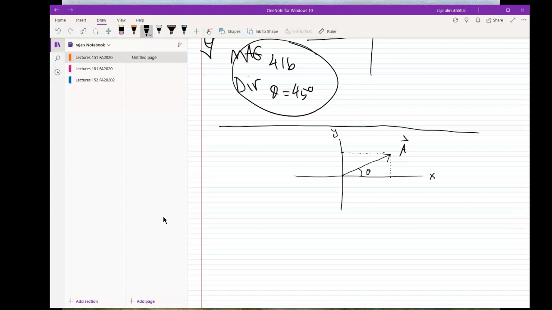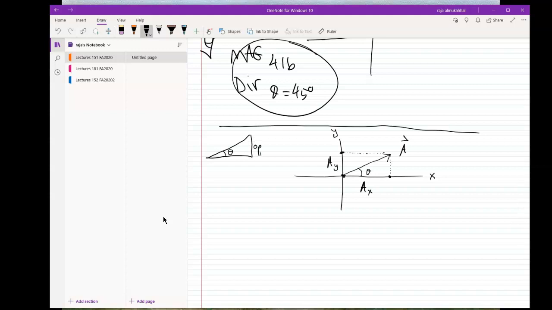This length from here to here, we call that A sub y, the y component of the A vector. Got that? And from here to here is A sub x, the x component. And as you know from trigonometry, if I have a triangle, let me just do it on the side here. There we go.